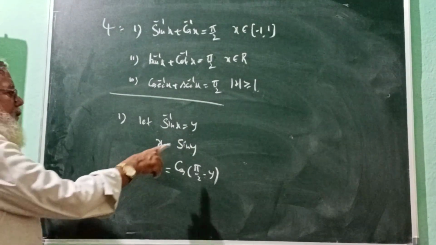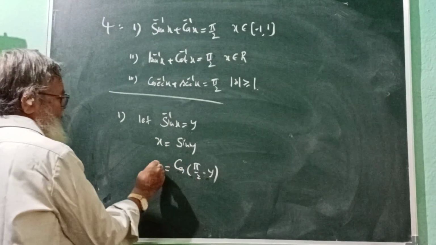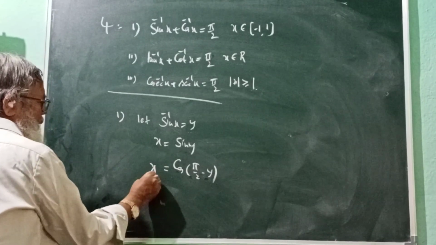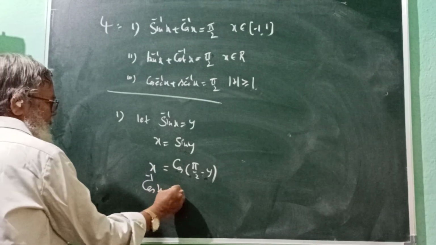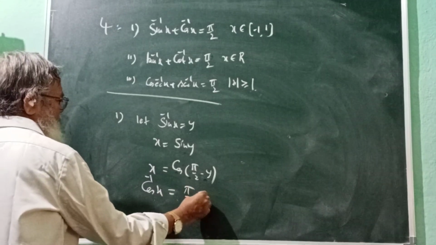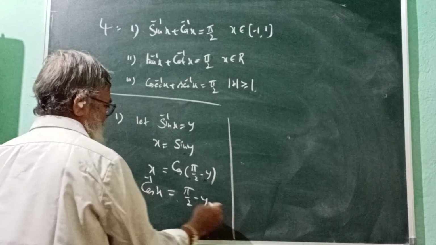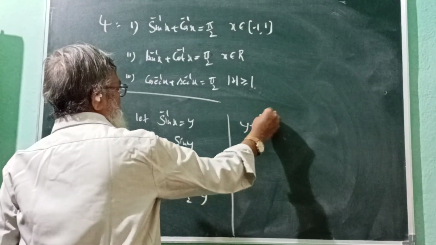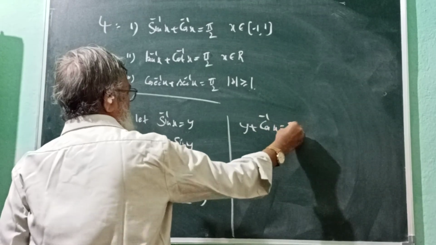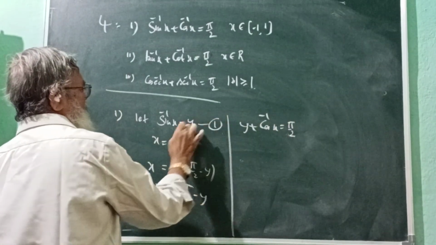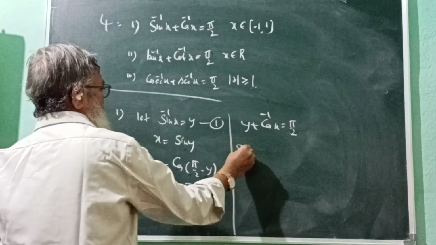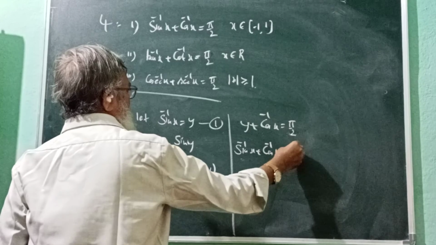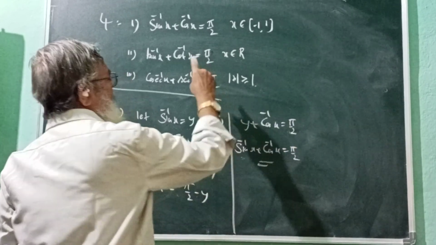So sin y can be written as cos of 90 minus y. That is equal to, by the definition, cos inverse x is equal to pi by 2 minus y. Or taking y to that side, y plus cos inverse x is equal to pi by 2. But the value of y from equation 1 gives sin inverse x plus cos inverse x is equal to pi by 2, which is the first result.